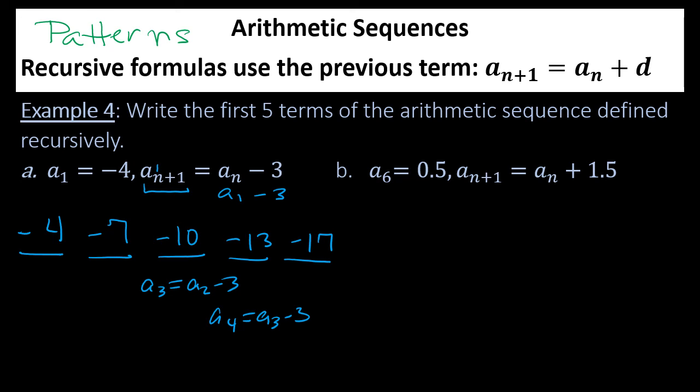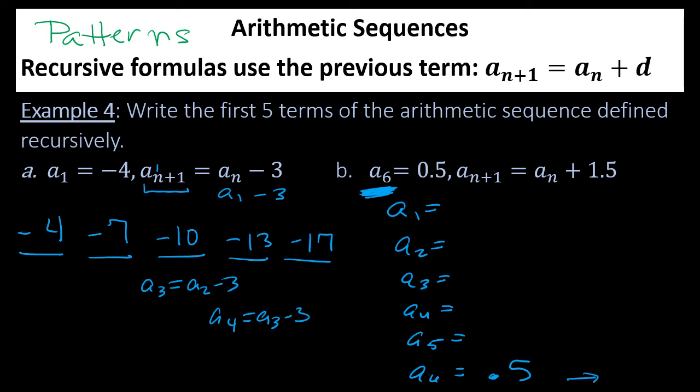All right, so in example B, they went a little tricky on you, and they gave you the sixth term. So if I think of this as a sub 1, a sub 2, a sub 3, a sub 4, a sub 5, and a sub 6, this time they gave you that the sixth term was 1/2. Now, if I'm going bigger to the seventh term, I'm going to add 1/2.